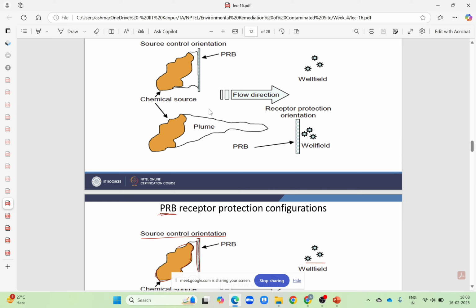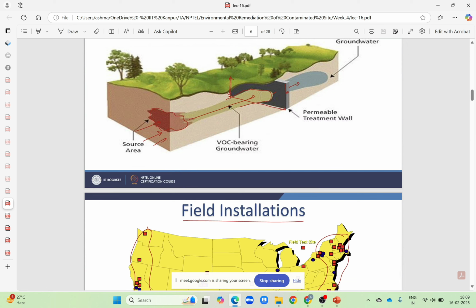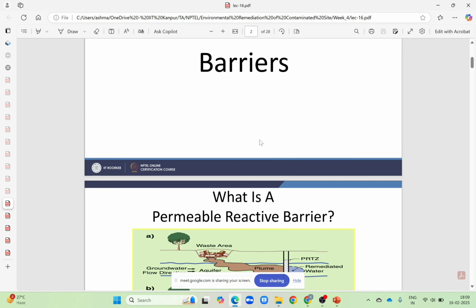PRBs are a treatment method in which we provide some reactive layer or reactive barrier in the aquifers where the groundwater flows, and in these layers there are some compounds like zero valent iron, which act as electron donors, and reduction of the contaminants takes place.